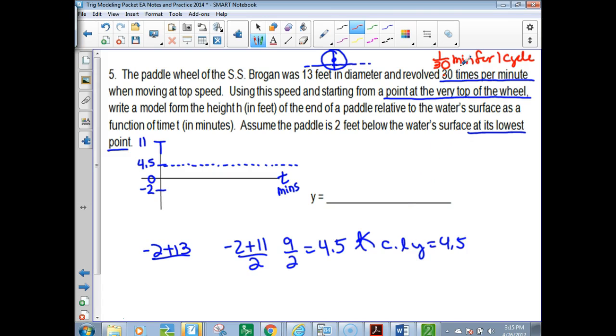So it's happening 30 times in a minute. Whatever the number of times in that amount of time, in 1 minute, it's 1/30th for each cycle. Got it? All right. So let's mark this off as 1/30th. I'm not going to do all of the labels, although we could. Half of a 30th would be a 60th.